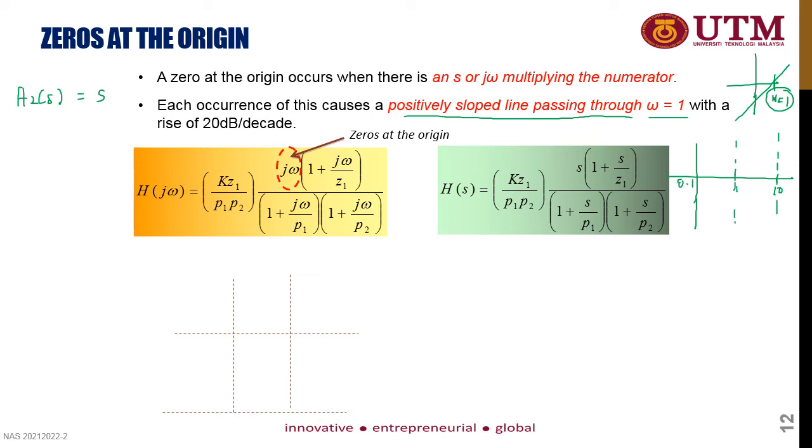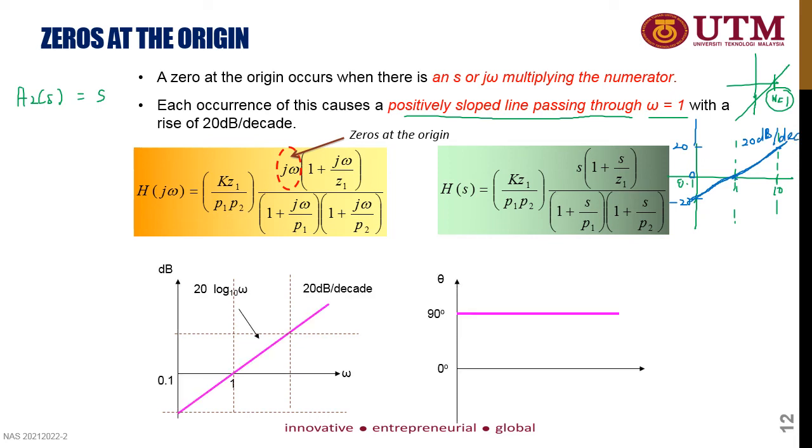The line must cross at 1 and increment by 20 dB per decade, so it goes through all decades, but the increment per decade is 20. Here is minus 20, here is 0 on the y-axis, and it crosses at 1. The next decade goes up by 20, and the next decade another 20, and so on. This is the 20 dB per decade line.